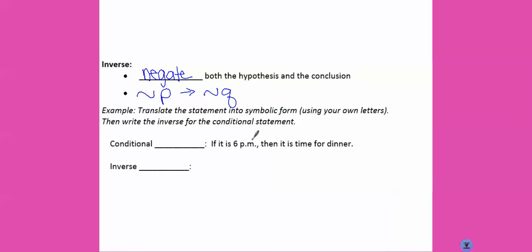So if it is 6 p.m., then it is dinner time. If it is 6 p.m. comes first, so I'm going to use letter C this time, then it is dinner time.